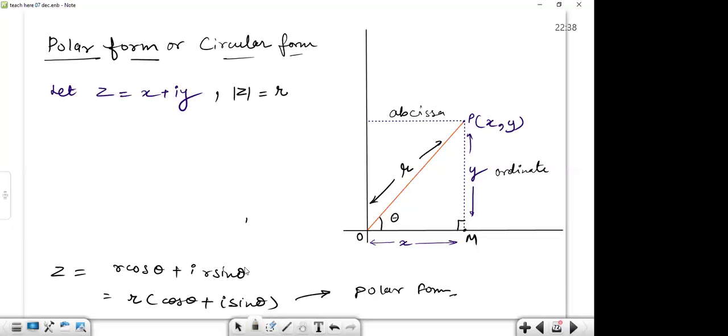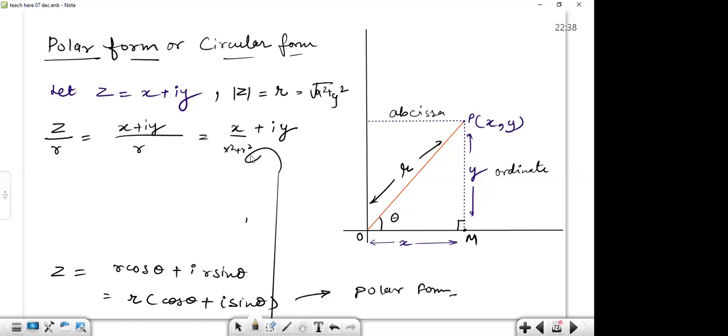There is another way that we can prove this. Let's divide both sides by the magnitude, which is r. r is basically the square root of x square plus y square. Do you agree?